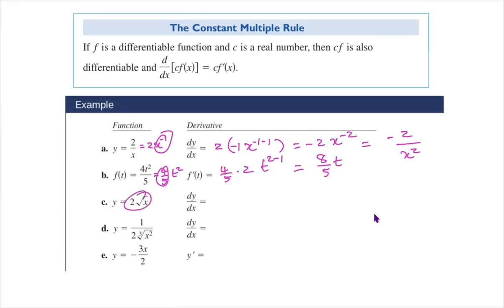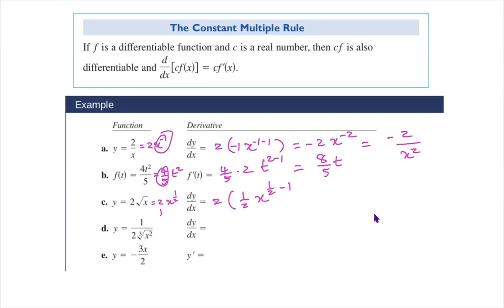You have a radical right here. Write it as an exponent. So that's 2 x to the power 1/2. Now, we know the 2 is the c in this case. Bring the power down, that's going to be 2 times 1/2 x to the 1/2 minus 1.